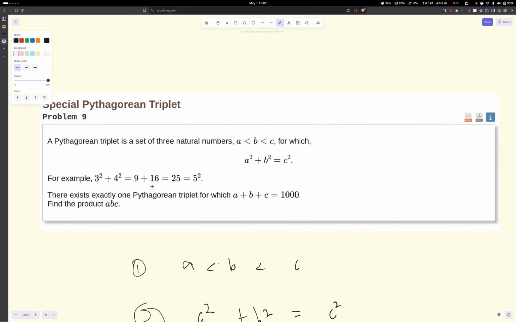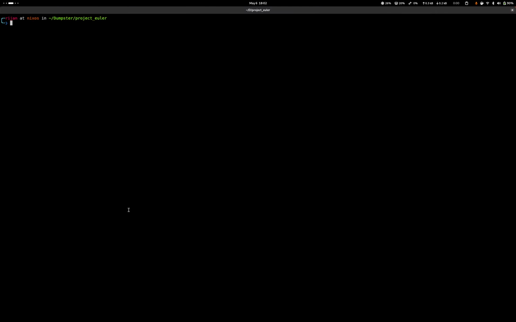An example is 3 squared plus 4 squared equals 5 squared. So there exists exactly one Pythagorean triplet for which a plus b plus c equals 1000. So I think programmatically this is plenty simple. I don't even know if I'll need Gemini for this.